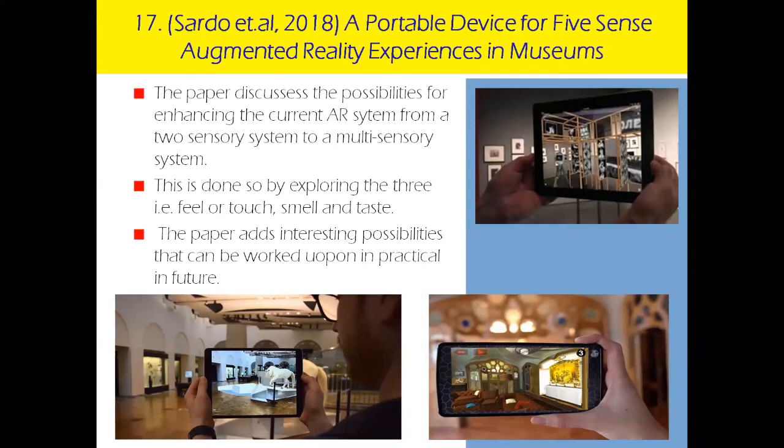So this paper wants to move past that, and they wanted to include the other three senses for a better immersive experience in the case of a museum. Those three are touch, smell, and taste.